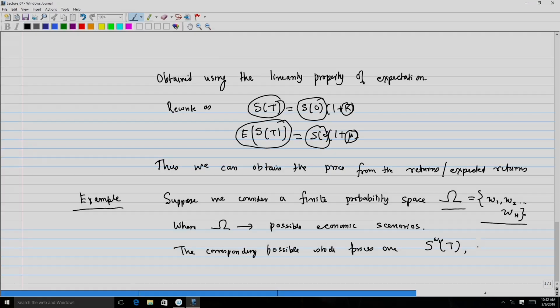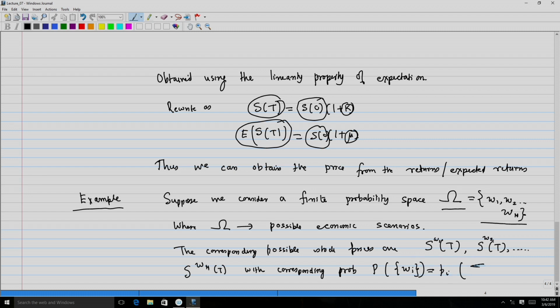Likewise, if the state of the economy is omega 2, then the stock price S of capital T will be S superscript omega 2 of t, all the way to S superscript omega n of t, with corresponding probabilities P of omega i equal to small p i.